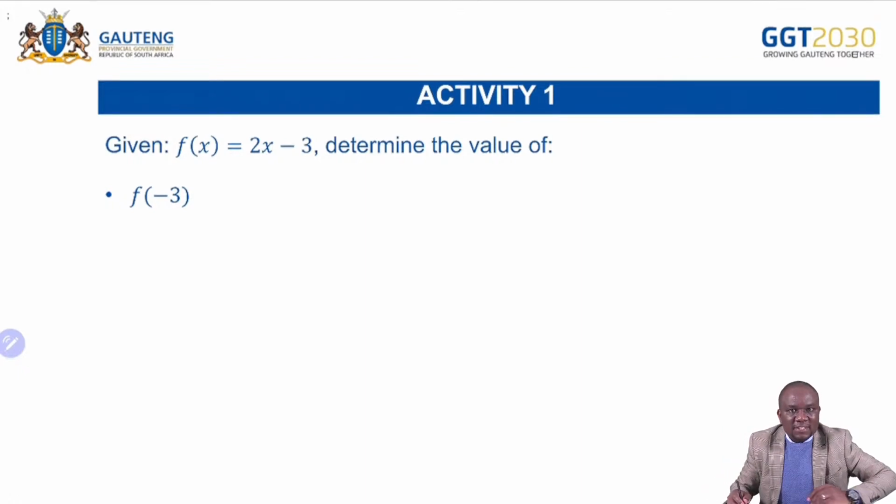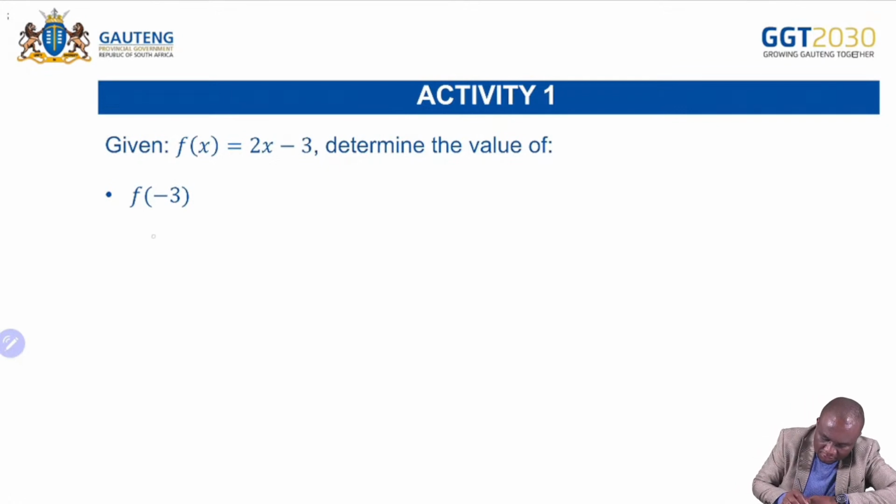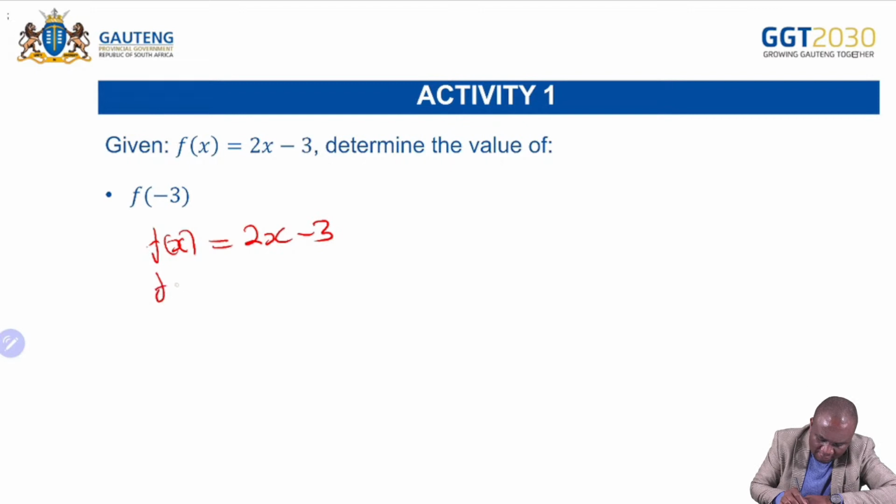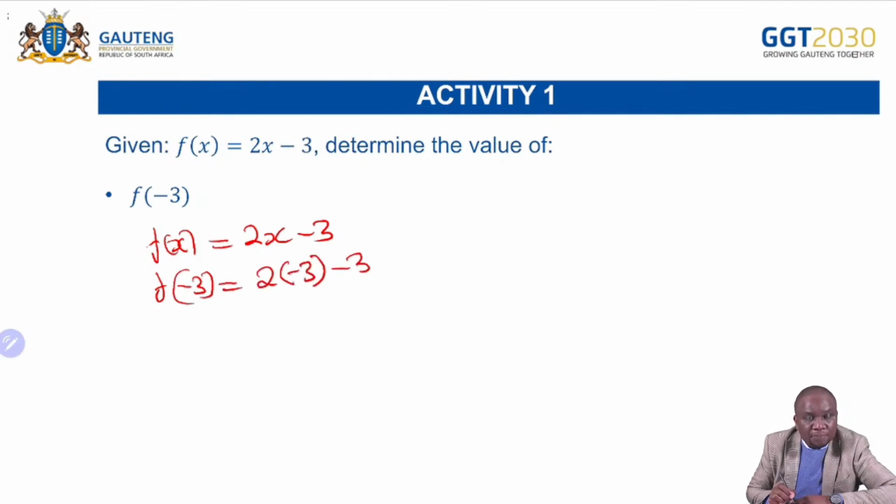Right, welcome back, grade 10. Let's see what you're supposed to do. So f of x is equal to 2x minus 3. Then what about f of negative 3? Where there is x, we put negative 3. So it's going to be 2 times negative 3 minus 3.